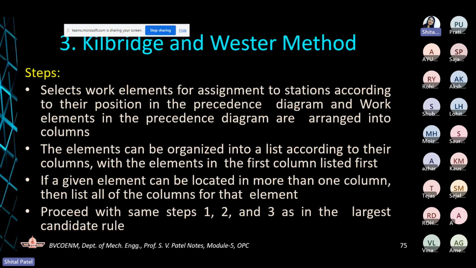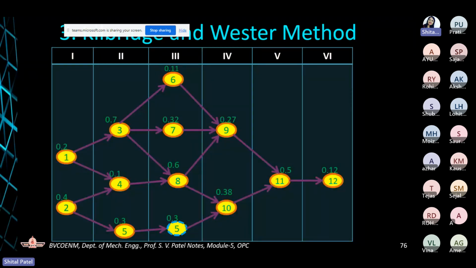So here, if you can see, whatever network diagram we had, we are trying to project it in terms of columns, right? Previously the activities were sequenced from the longest processing time to the shortest processing time.